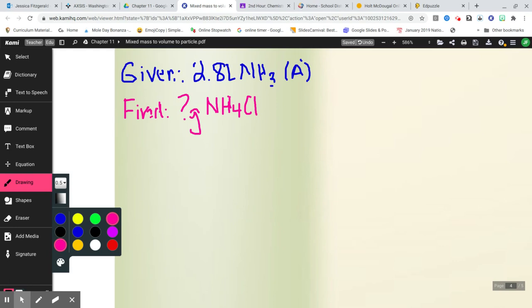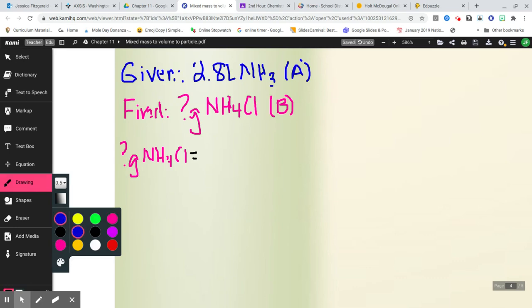So we're going to go question mark grams of NH4Cl. That's going to equal what we're given, or A. This is substance B. Our find is substance B.